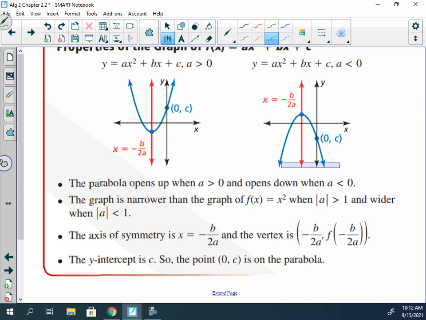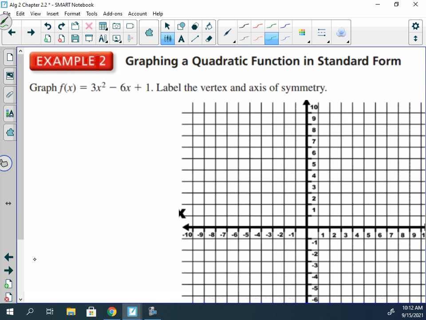Let's go on and actually look at an example. They gave us this equation here: 3x squared minus 6x plus 1. Before we look at the vertex, axis of symmetry, and y-intercept, what is the value of a, what is the value of b, and what is the value of c?